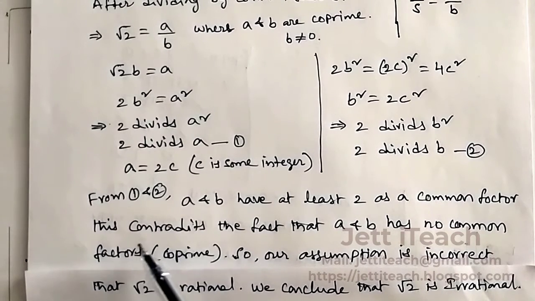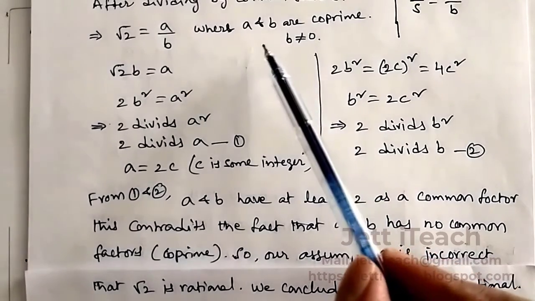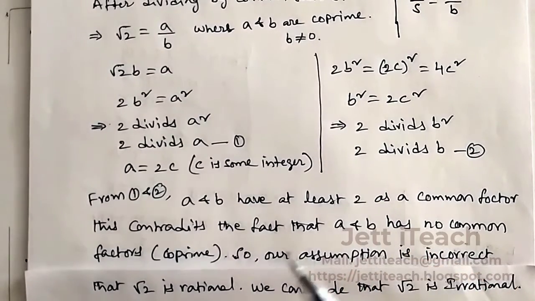Okay, that contradicts the fact that a and b have no common factors because both are co-prime. So our assumption is incorrect that root 2 is rational. Initially we assumed that root 2 is rational, right? So that assumption is incorrect. So we conclude that root 2 is irrational.